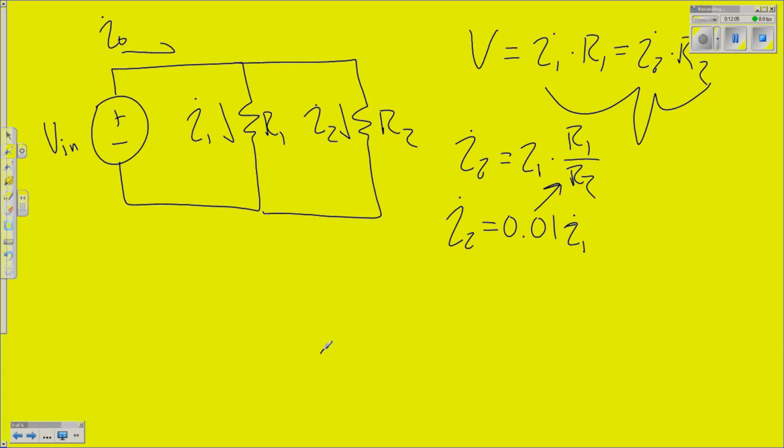A lot of problems we'll have will force you to pick. So if I just give you this problem and say I want 1% off this, you could say, all right, I'm going to make R2 equal to 5 kajillion ohms. That's fine, as long as your relationships are satisfied. You can pick whatever you want.